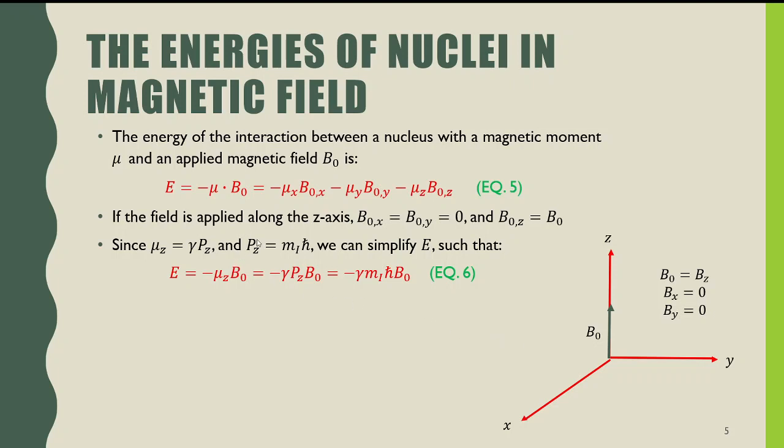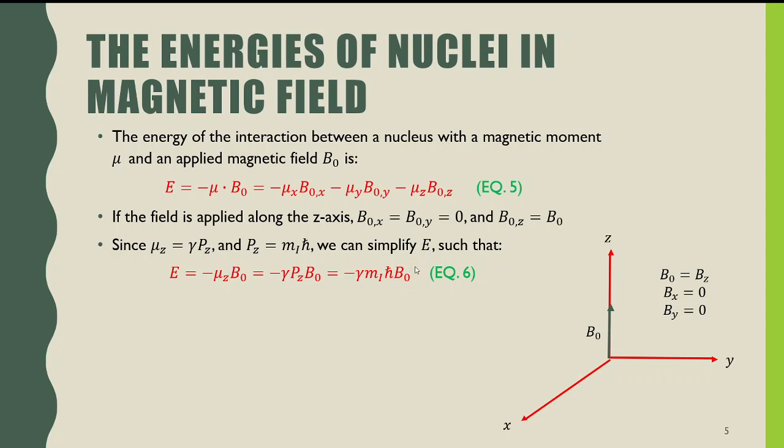And so you have a string of equations just now where you have this magnetic moment and this spin angular momentum. If you plug that into this equation, you will eventually get that the energy equals minus gamma, this quantum number m, times h bar and B naught.